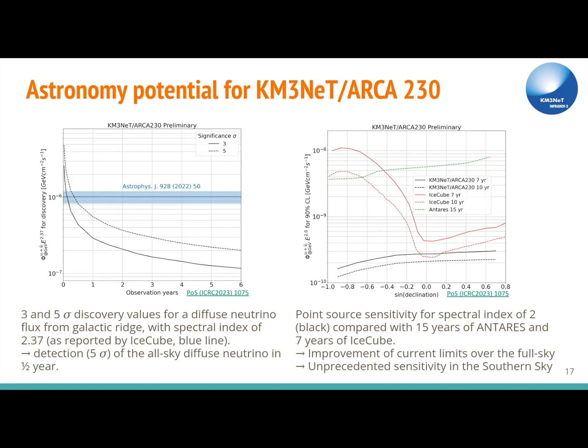And for the point source analysis, KM3NeT ARCA 230 is in black. You can see that the point source sensitivity would improve over the full sky, and we will also get unprecedented sensitivity in the southern sky.